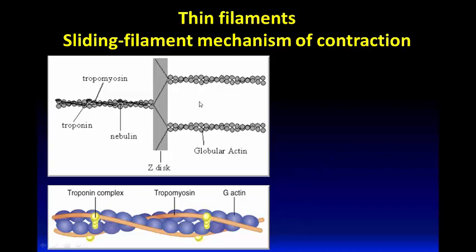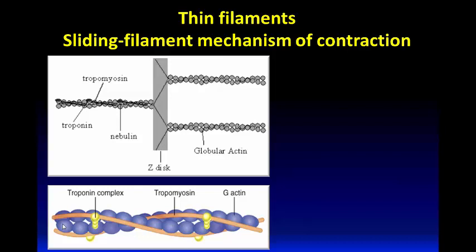These are the thin filaments. In the thin or actin filaments, we have three types of proteins. We have actin molecules, and on these actin molecules we have binding sites for the globular heads of myosin.